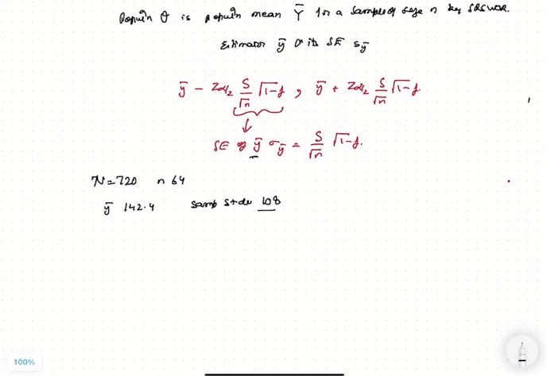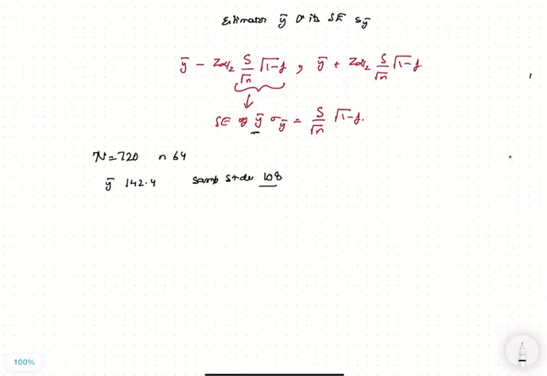Now we want to calculate the confidence interval in this case. So with this sample standard deviation, we're going to substitute here instead of the population standard deviation, and then we just going to do 142.4 minus, for 95% confidence interval, the z half is going to be 1.96.